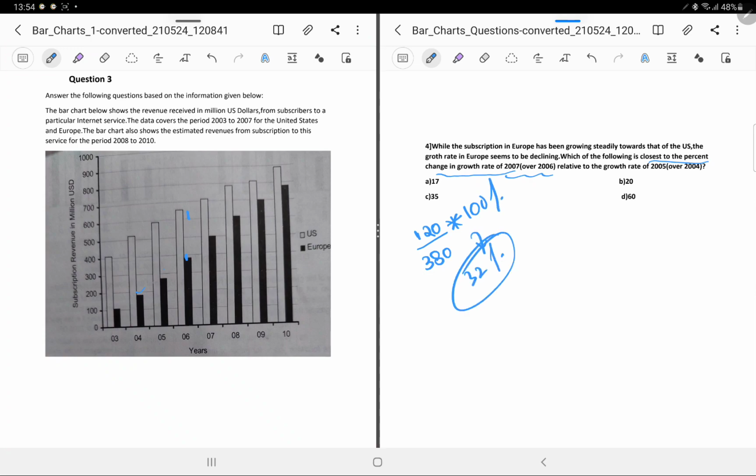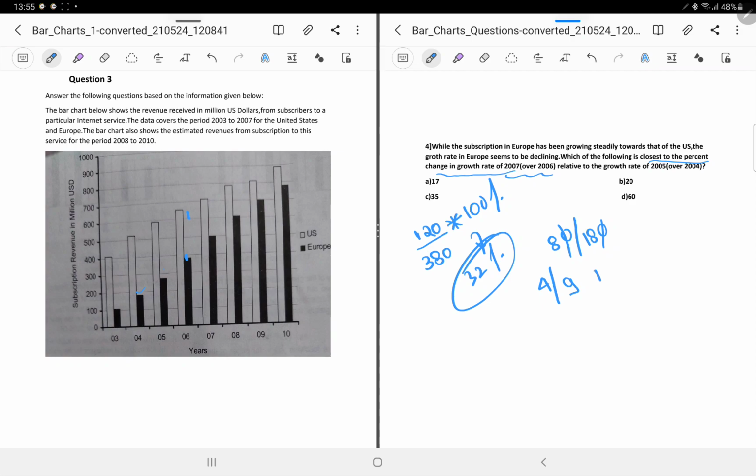I think we have calculated this before. Okay, relative to the growth rate of 2005. Just trying to see this. 2005 it was say 80 above 2004, the value was 180. So this is nothing but 4 by 9.